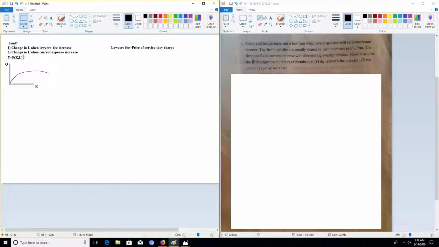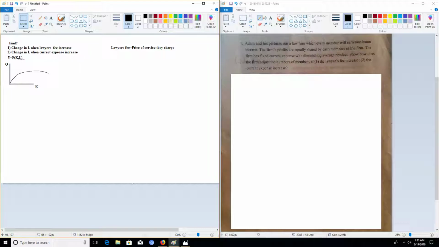And so the third part of this question, which says the firm has fixed current expenses with diminishing average product, these current expenses are referring to capital. And the diminishing average product is output divided by an input.